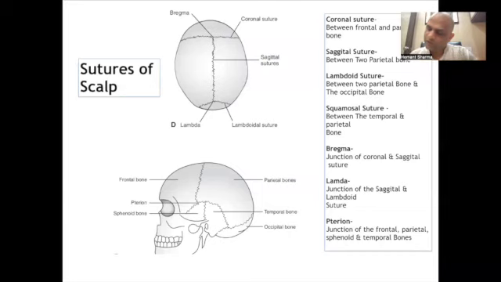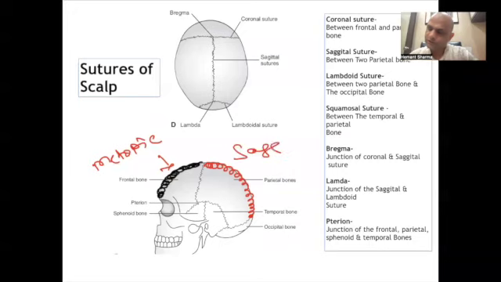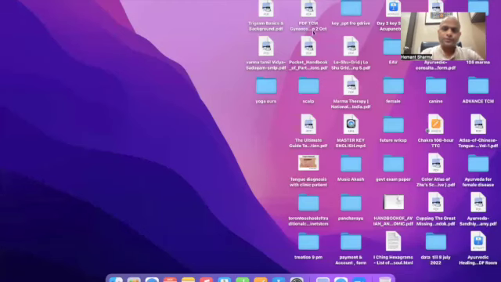If we look here, this is the frontal bone, and this is the parietal bone. So this front suture is called metopic, and the back suture is called sagittal. And in between, we are having one junction. So now I would like to talk to you about the junction.